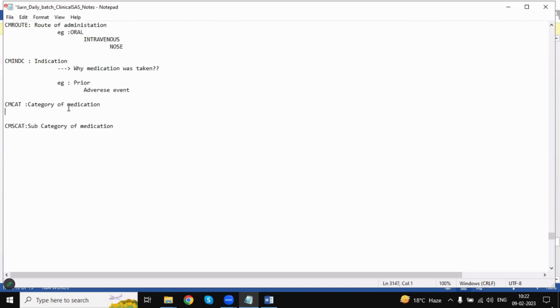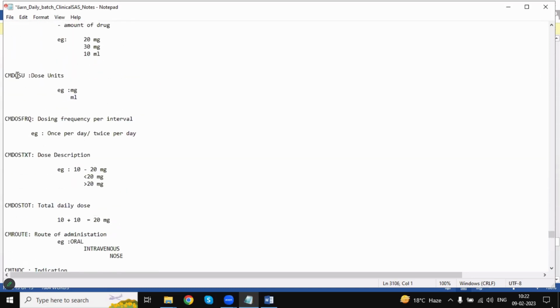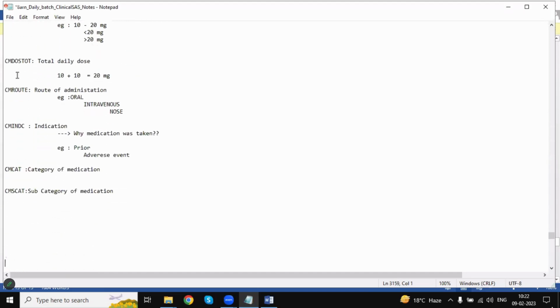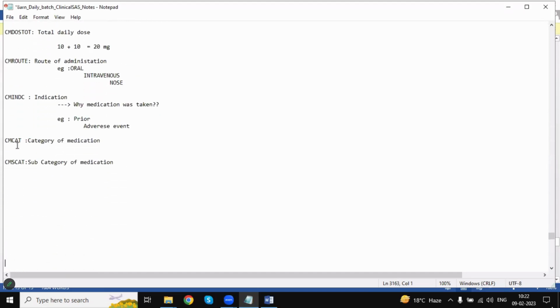If any categorization information is given for the treatments, for example the subject is taking a couple of treatments and they are categorized into one or two categories, the category information will come in the CM cat variable. Some extra information will go to subcategory. For example, categories like all temperature related tablets, or skin allergy related tablets. Whatever they categorize in the CRF, that category information will come in CM cat. You can't give a generic category name, because it depends on your CRF page.